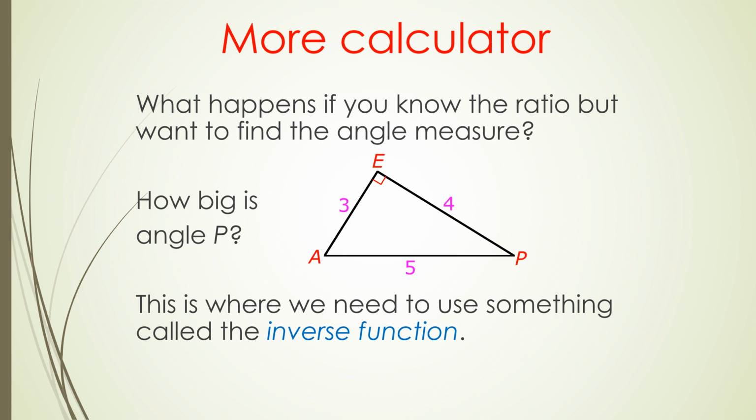An inverse function undoes what another function already did. So for instance, what's the inverse function of addition? Subtraction. What's the inverse function of multiplication? Division. What's the inverse function of squaring something? Square rooting. You get the idea, right? Yep. Okay, so this inverse function undoes what we've already done.